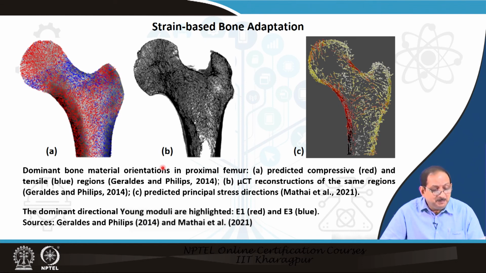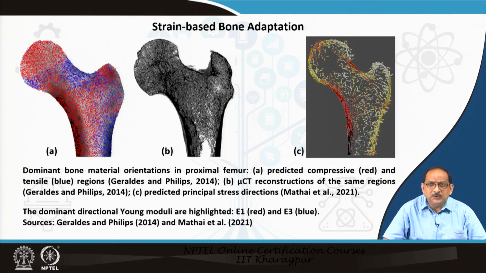However, an intermediate result can be obtained in the form of upgradation of the elastic modulus. Please note that orthotropic bone remodeling will be discussed elaborately later in module 7 in lecture number 7.4, wherein details about theory, formulation and algorithm development will be presented.